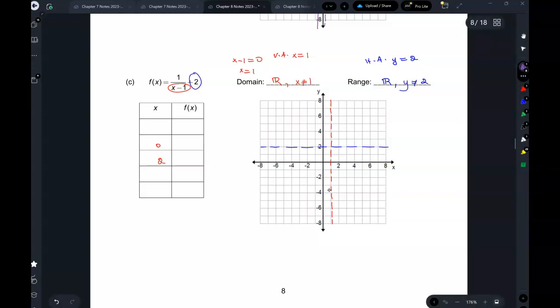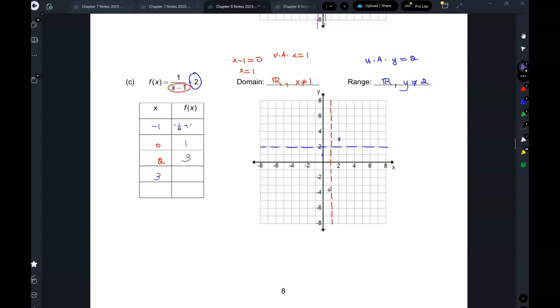So when I plug in 0, I get 1 plus 2 is 3. When I plug in 2, what do I get? No. 0, I get 1. 2, I get 3. So 0, 1, 2 is 3. Okay, and then why don't we plug in a minus 1 and a 3? So if it's a minus 1, it's what?